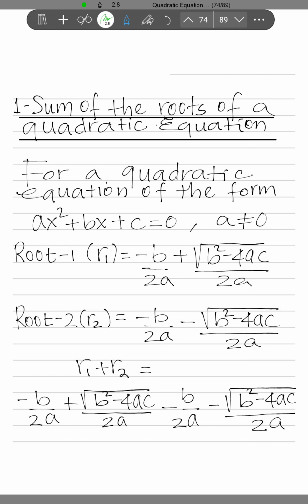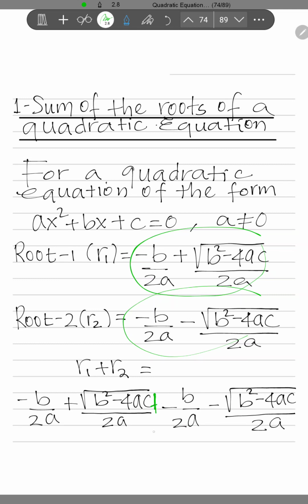What will happen if we add root 1 and root 2 directly from these formulas? It's going to be minus b over 2a plus square root of b squared minus 4ac over 2a. Now we add the second one, minus b over 2a minus square root of b squared minus 4ac over 2a.